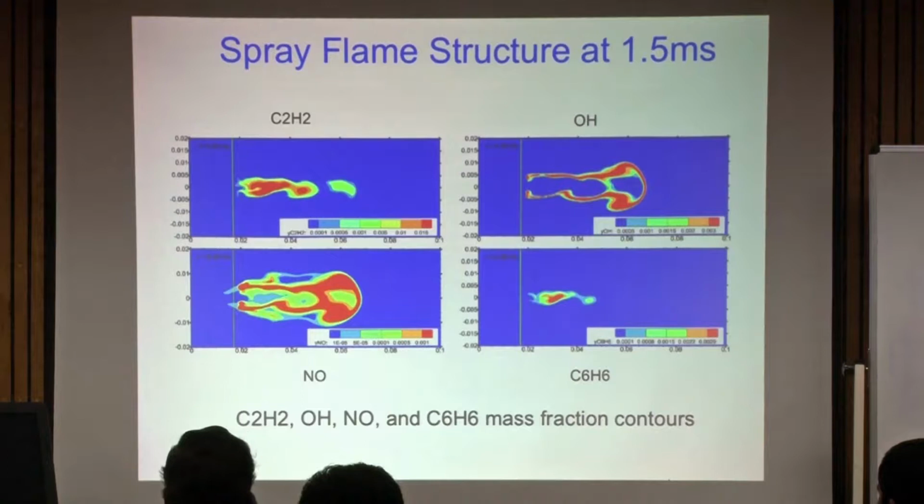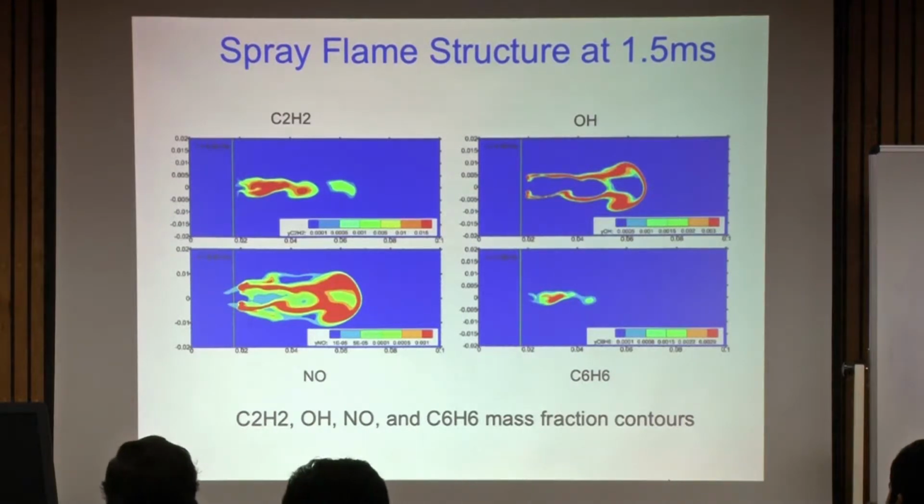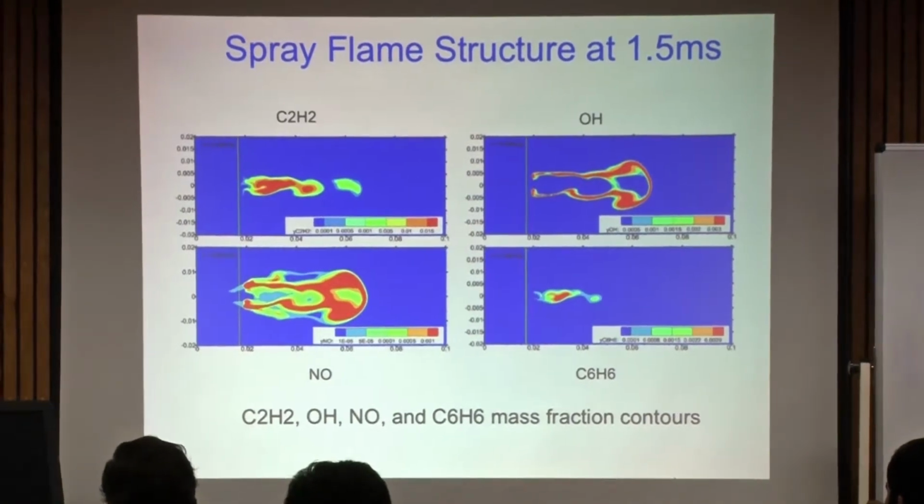Now, since we are using a detailed chemistry model, or I should say a semi-detailed chemistry model, you can look at different species, and you can identify the flame structure even in these complicated flames.